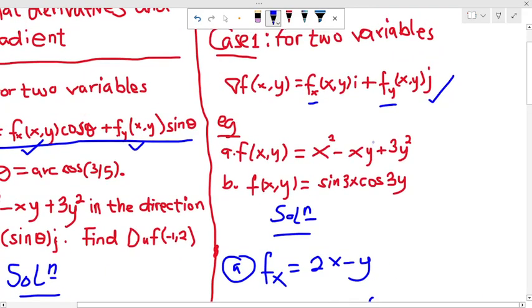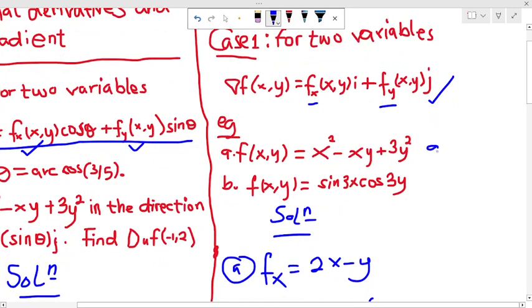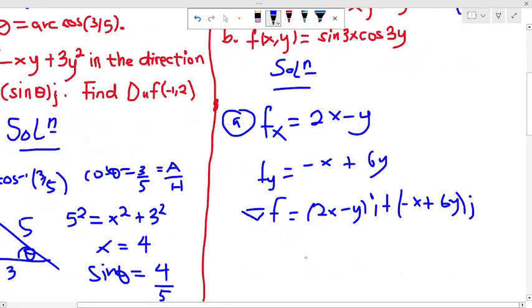So now this gradient, we are not giving any point. So now let's assume a point, let's say at 0, 2. So now if it's at 0, 2, we are going to substitute 0 in place of x and 2 in place of y. So now 2 times 0 gives us 0.